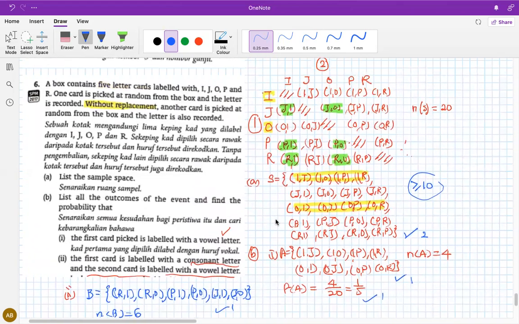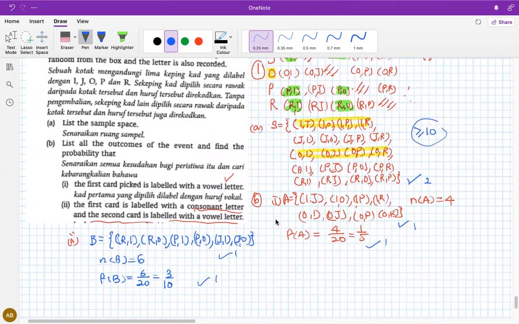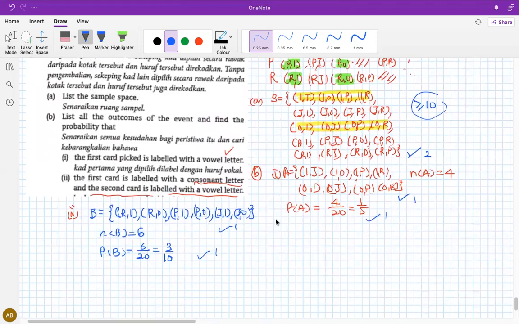So here I need to emphasize the words one by one, and you have to read the question, and then simultaneous. This one is different.